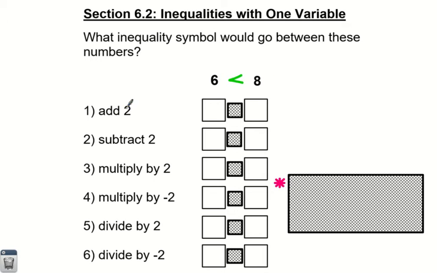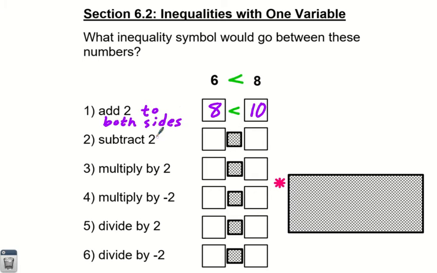What if we were to add 2 to both sides? Well, the 6 would become an 8, and the 8 would become a 10. And what would the symbol be? It would still be a less than, right?